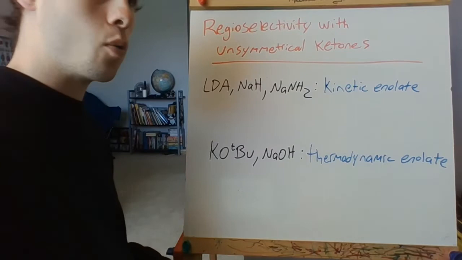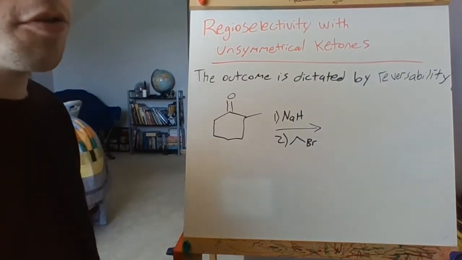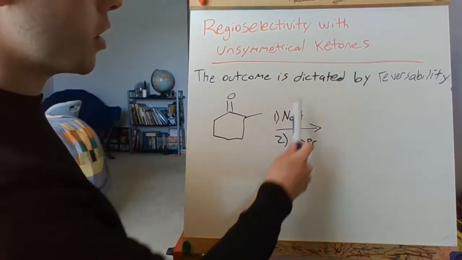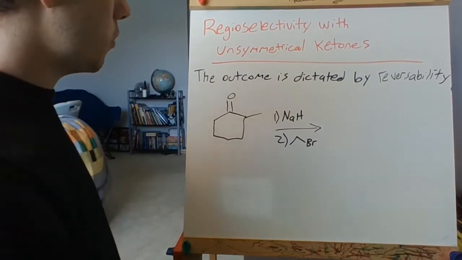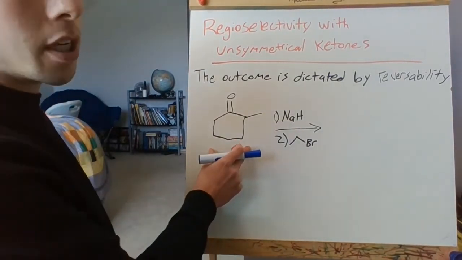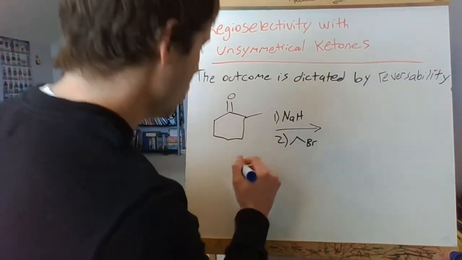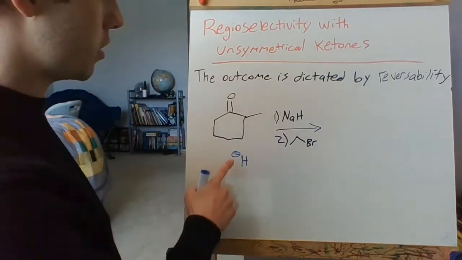And let's take a look at why this is. So why do we have these two different outcomes depending on which base we use? The answer is because it's dictated by reversibility. So if we look at this example here, we take this cyclohexanone, we treat it with sodium hydride. We know that sodium hydride, sodium doesn't mean anything, so we just have hydride as a base.